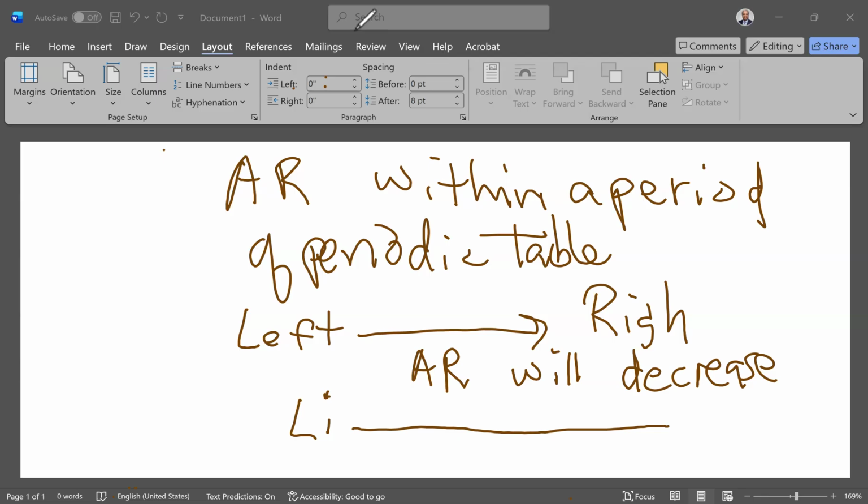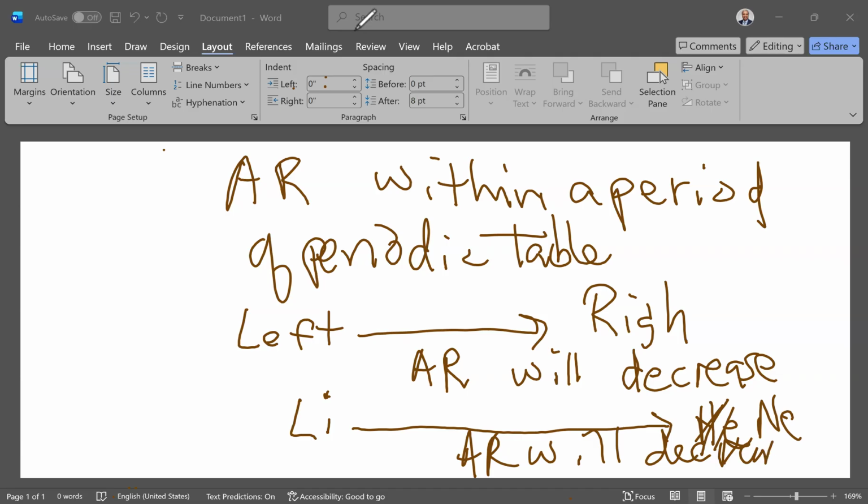So from left to right of the periodic table, the atomic radius will decrease.